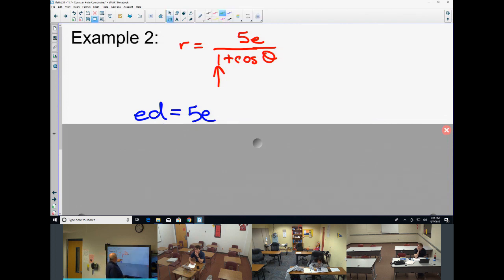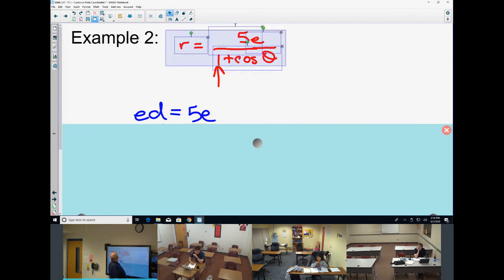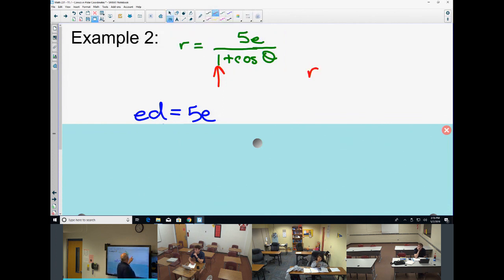So in the general formula, we have r equals, and then e times d.